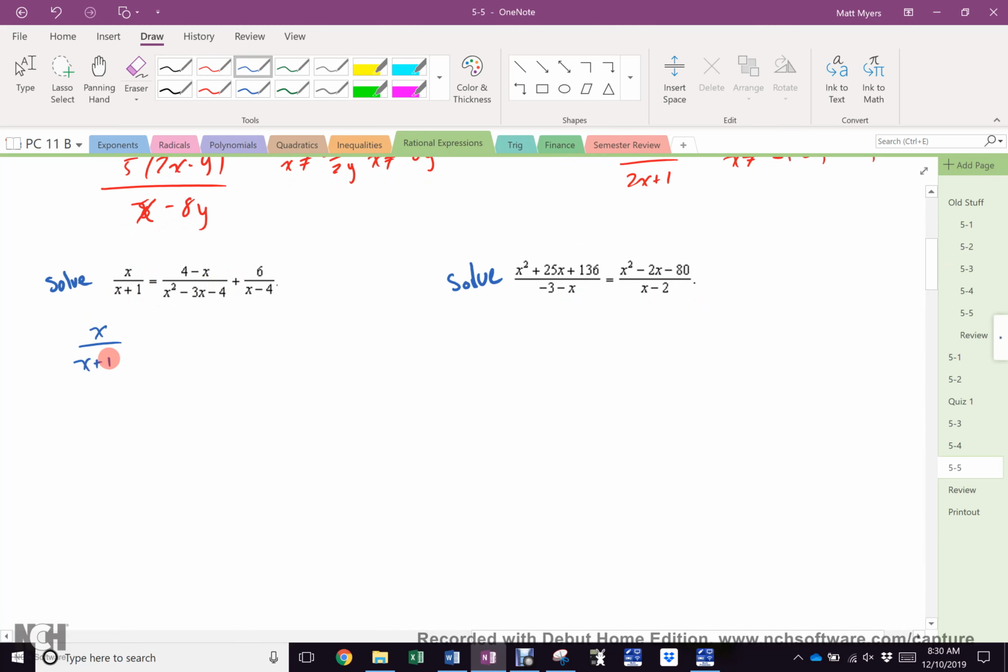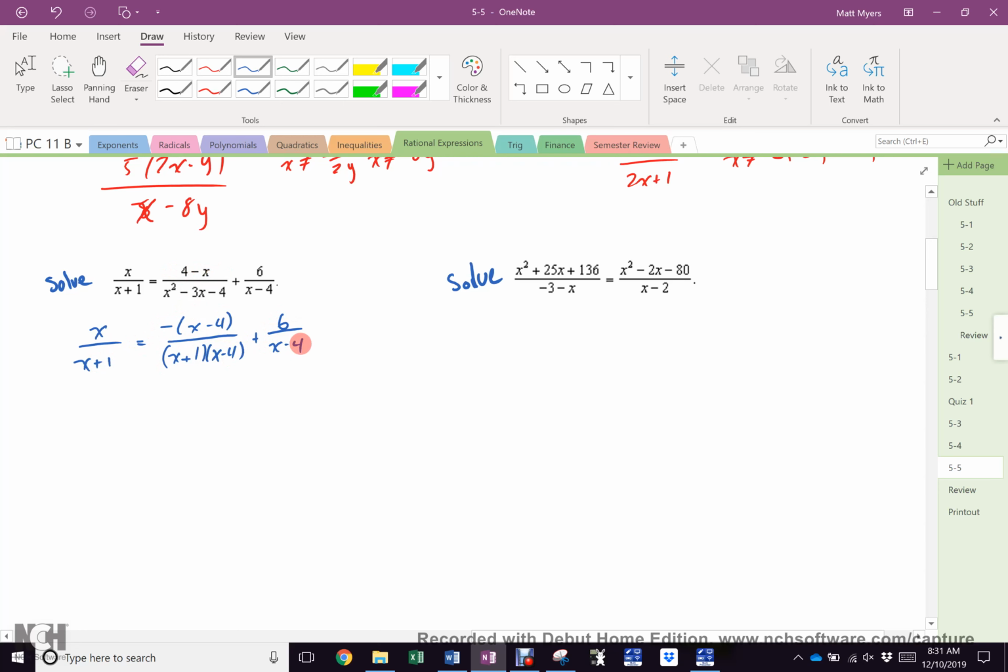x plus 1 equals. Now, I, of course, don't like that, so I make it negative x minus 4 over x plus 1, x minus 4 plus 6 over x minus 4.